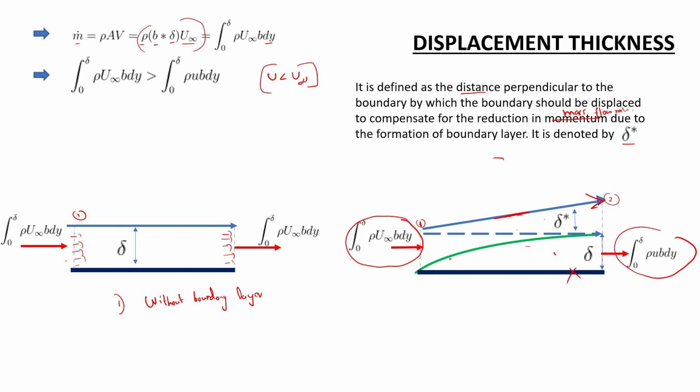So it is denoted by delta star. So you can see that there is a reduction in the mass flow rate, so this delta star is the distance perpendicular to the boundary by which the boundary should be displaced to compensate for the reduction in mass flow rate due to the formation of the boundary layer.